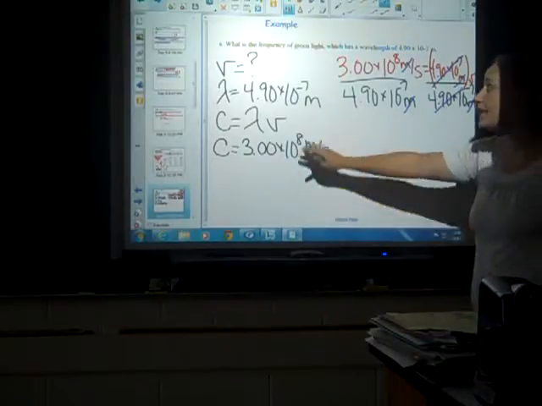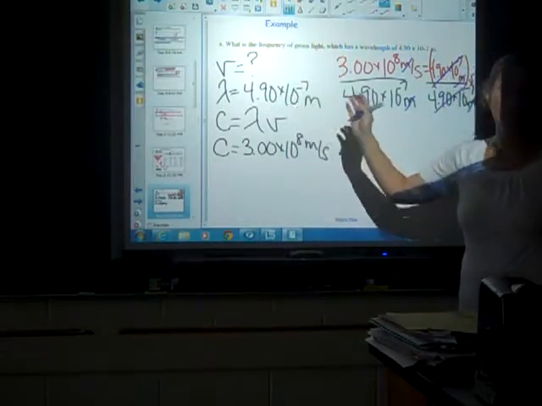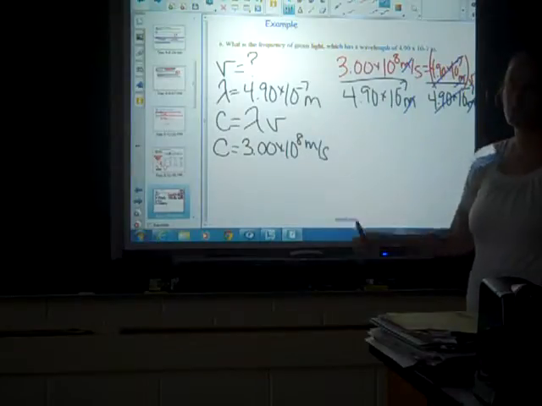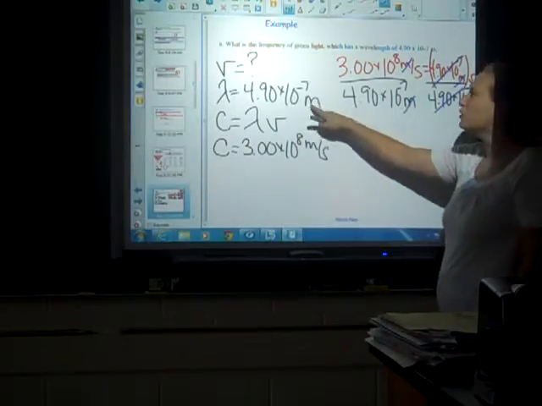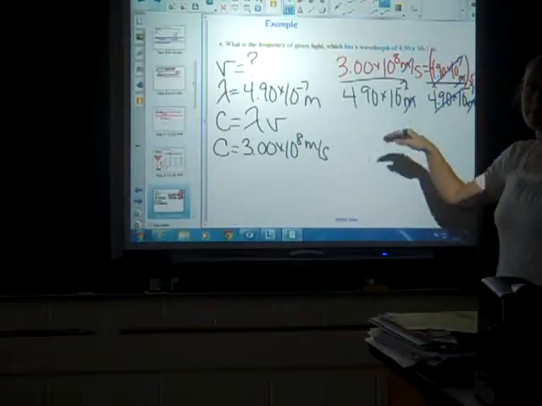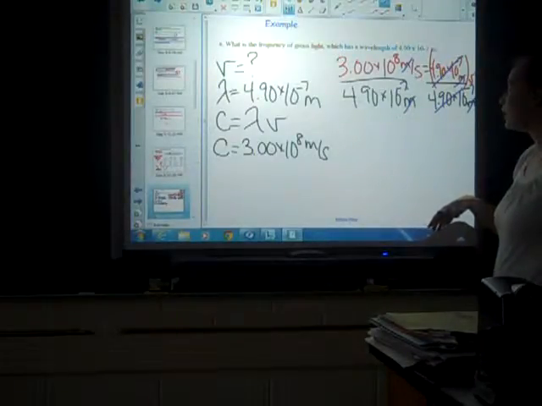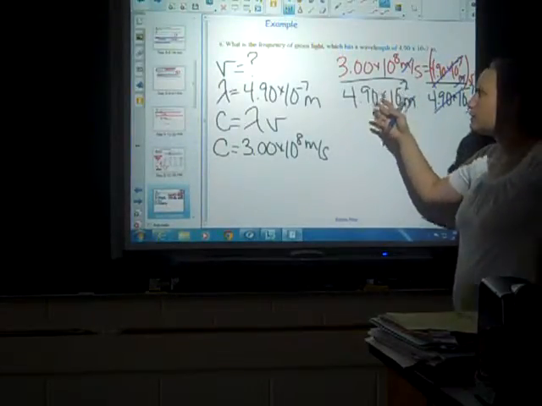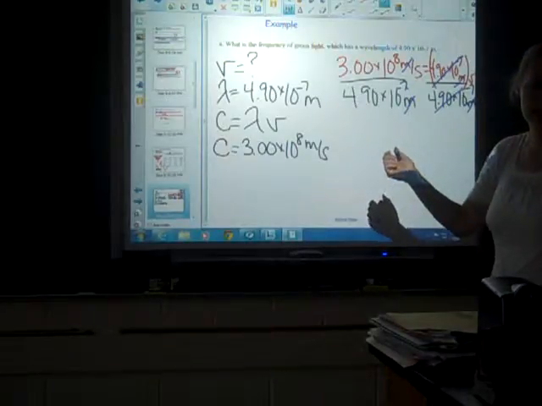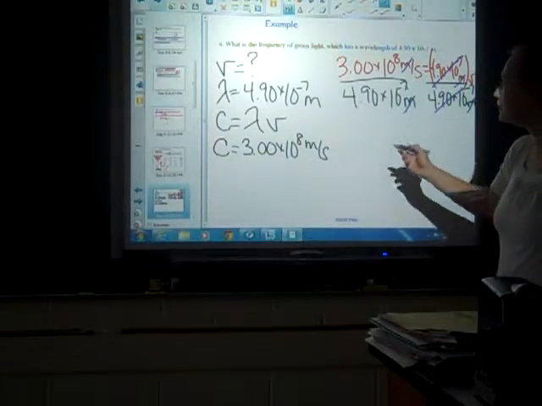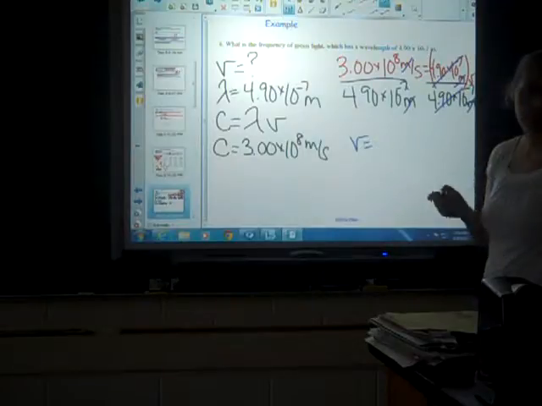Sometimes you'll be given the wavelength in nanometers and you'll actually have to convert to meters first before you plug in. If you don't include the units in your work, then you might miss that conversion that's needed beforehand. So I would go ahead and plug this into my calculator, 3.0 times 10 to the 8th divided by 4.9 times 10 to the negative 7th, and get my answer for my frequency.